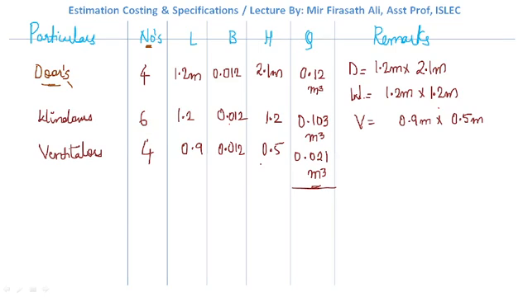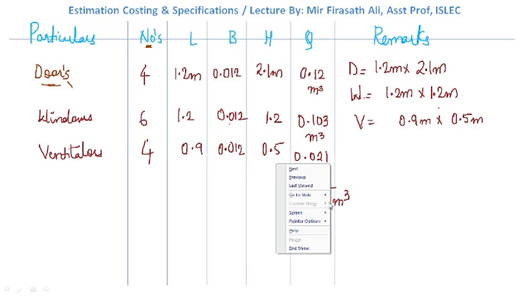If we add all this, how much is it? The value will be 0.12 plus 0.103 plus 0.021. It is 0.244 meter cube.